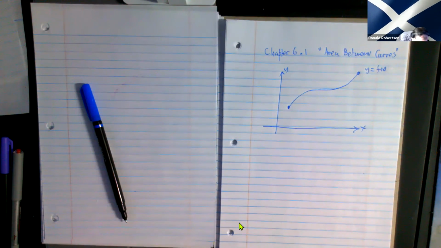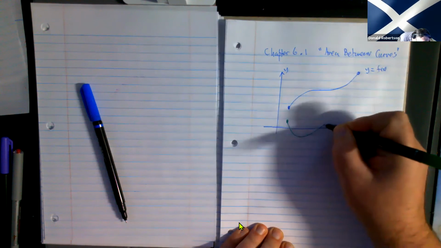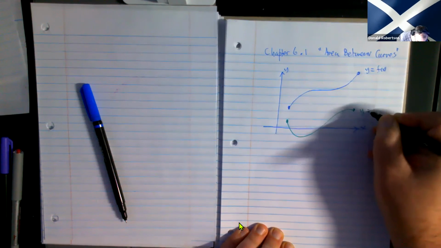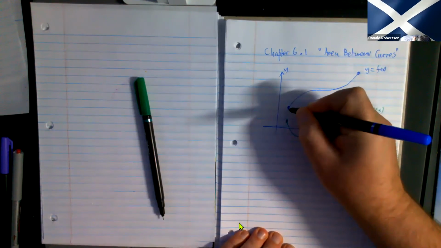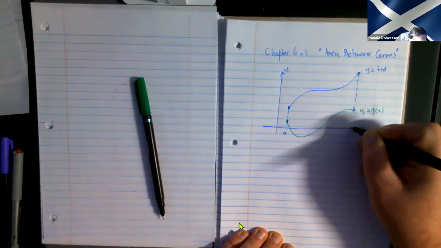And I have another curve starting at the same point, finishing at the same point, but called g of x. And this guy here is x equals a, and this guy here is x equals b.